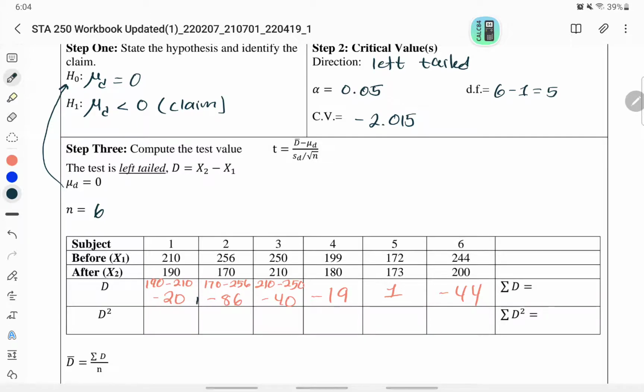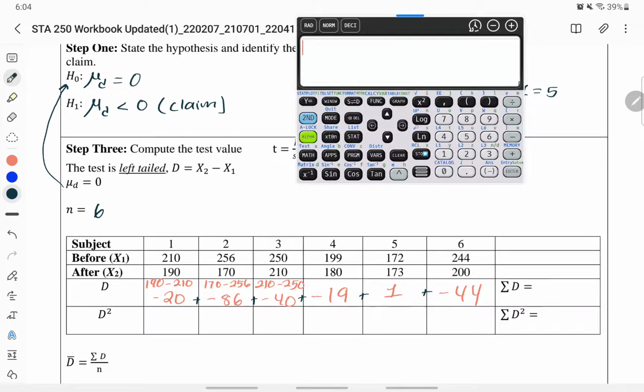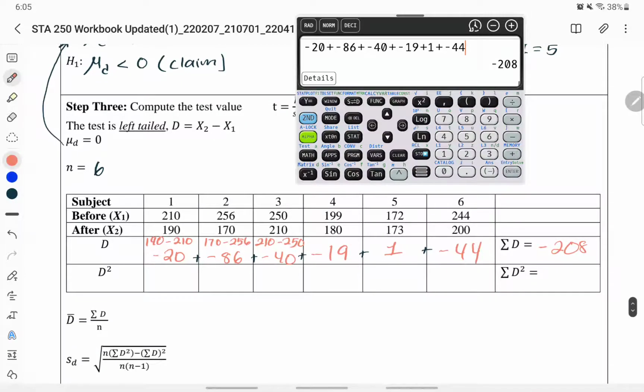You're going to add these differences together to get the sum of your difference. And as we can see, that is going to be negative 208. So with that said, let's find D bar, which is the sum of D divided by the sample size.